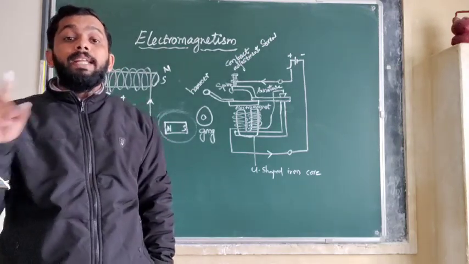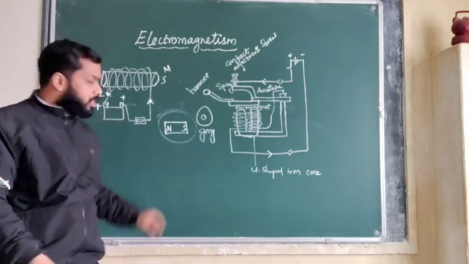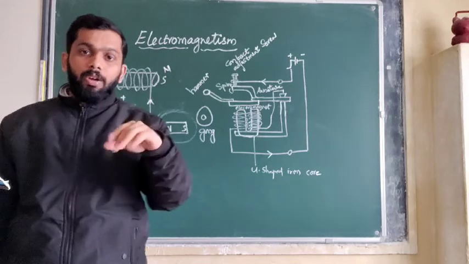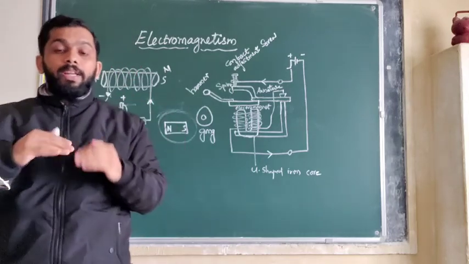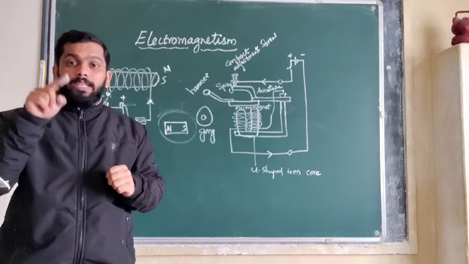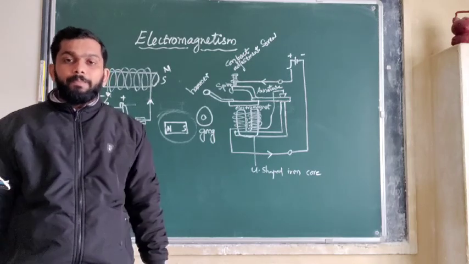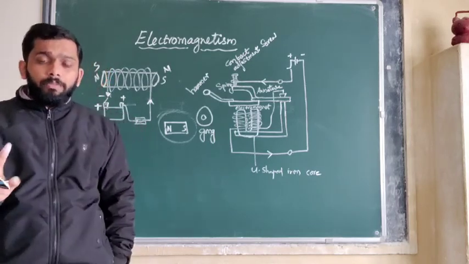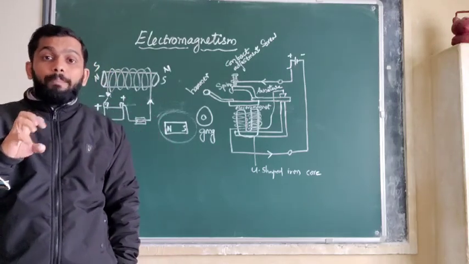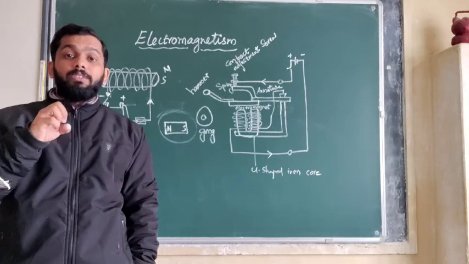One is that you can increase the current. Here we have used one battery, but we can use two or more. If you increase the number of batteries, the current passing through the wire will be more, so the strength of the magnetism will be higher.